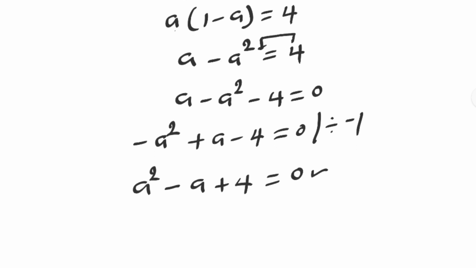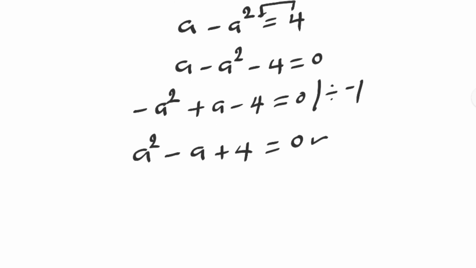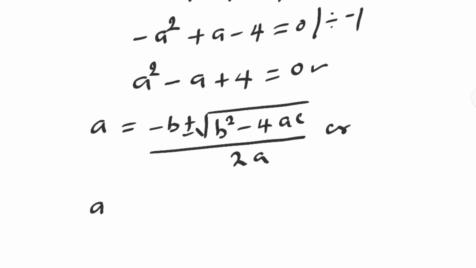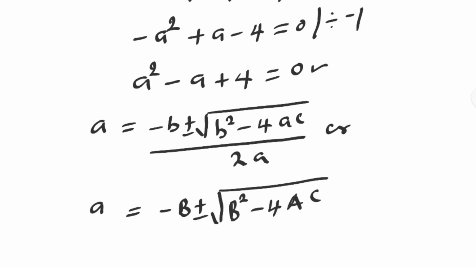Then this is a quadratic equation which can be solved using the quadratic general formula. And the quadratic general formula in this form is given as A is equal to minus B plus or minus square root of B square minus 4AC, over 2A.